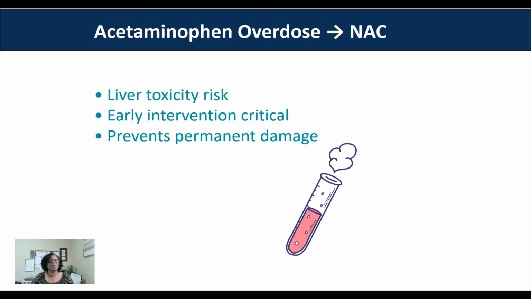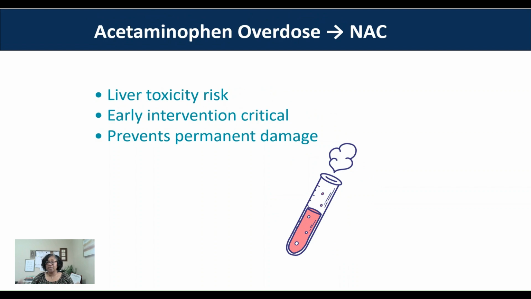And the last one is acetaminophen overdose. Okay, person has taken too many. Could be by mistake because they were in pain, could be because there was an overdose for whatever reason. And so the dangerous effect is acetaminophen will cause liver toxicity.